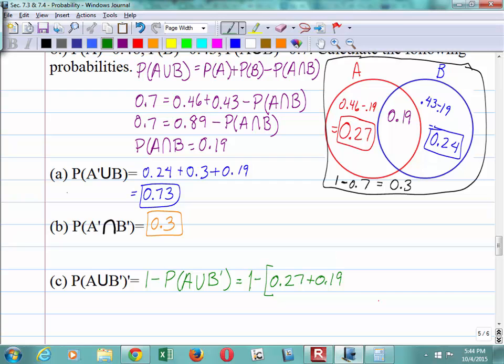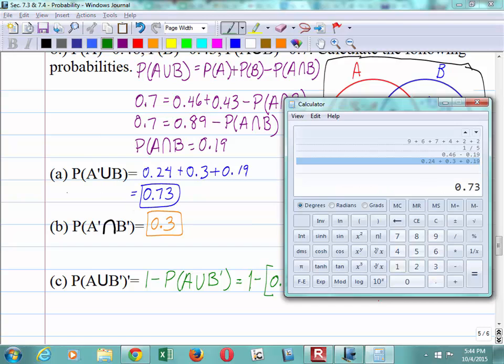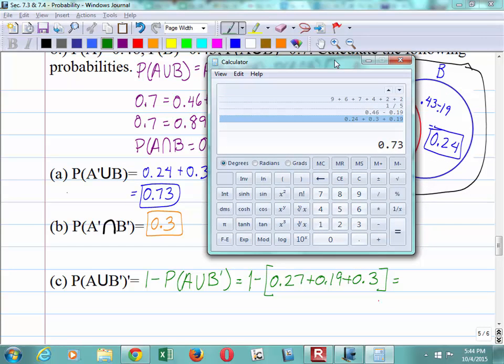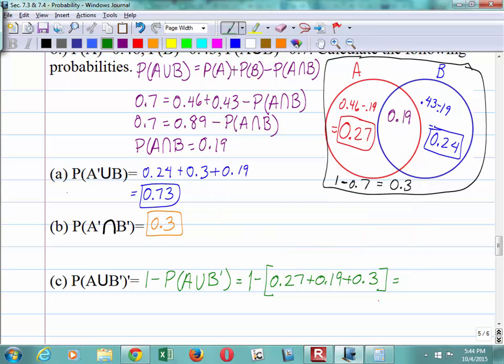So then you have to include everything else that's also not in B, that would be plus 0.3. So that's 0.24.